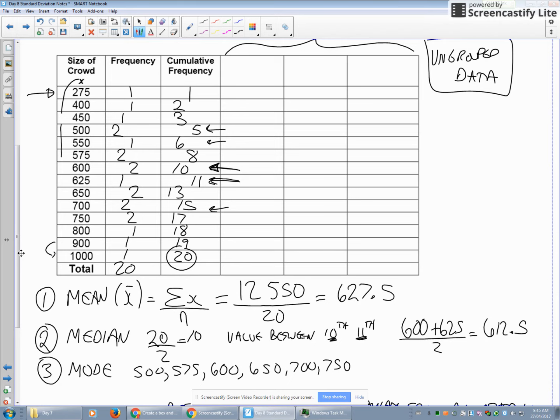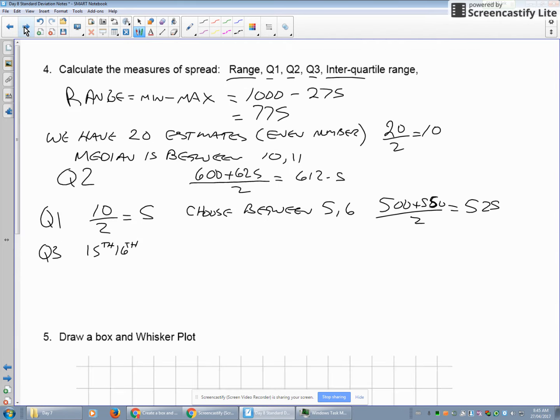Estimate number 16 is 750. So 700 and 750 gives 725. That represents my Q3. Any questions so far? And then I've got my interquartile range.